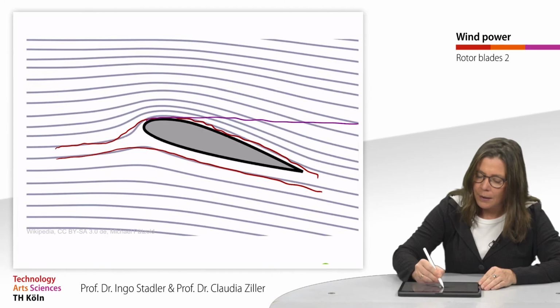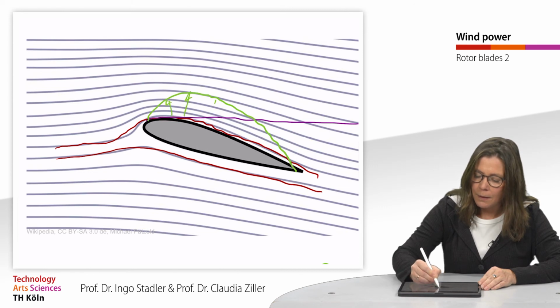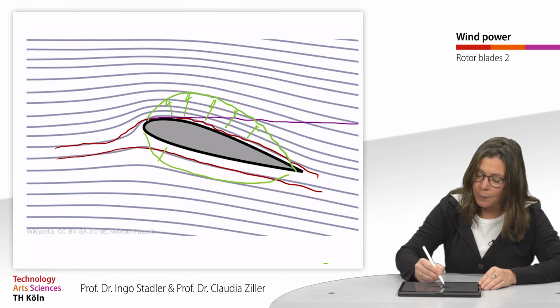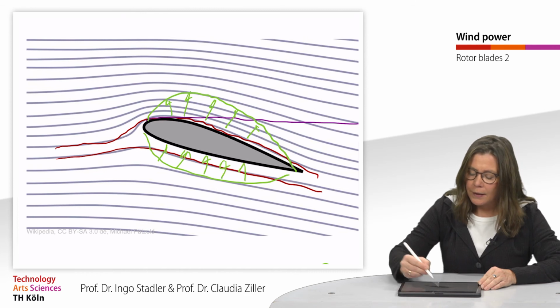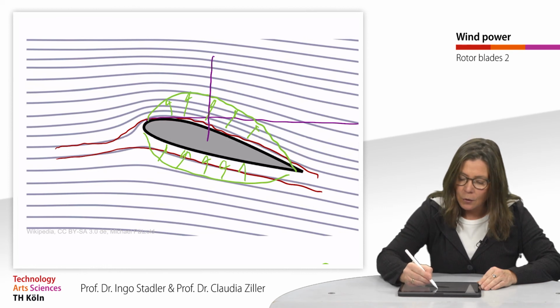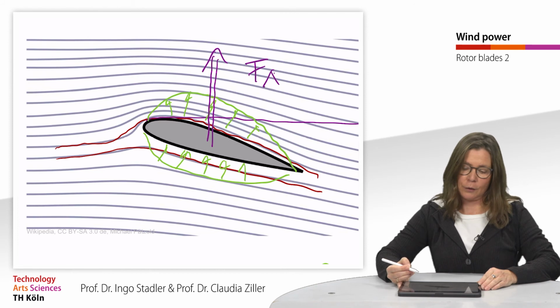It means that you have an area with low pressure above the airfoil and an area with higher pressure compared to the ambient pressure below it. And this pressure difference results in a force which goes up, and this is the force you're looking for.